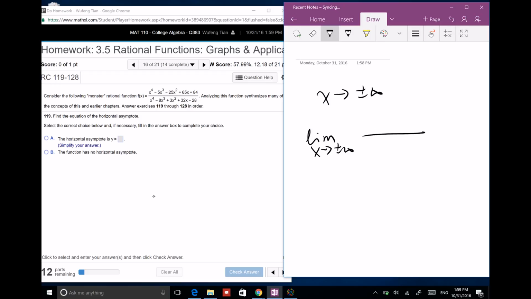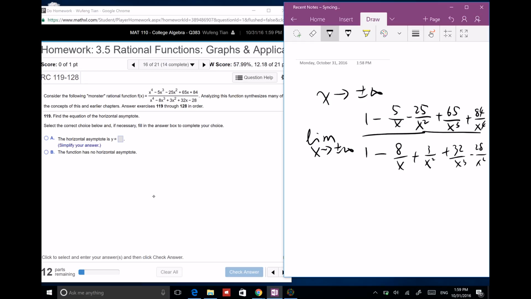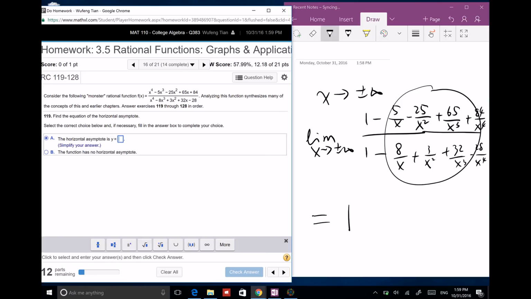It's 1 minus 5 over x minus 25 over x squared plus 65 over x cubed plus 84 over x to the power 4, and 1 minus 8 over x plus 3 over x squared plus 32 over x cubed minus 28 over x to the 4. What happens is when x goes to positive or negative infinity, all of this goes to 0, so it's 1. The horizontal asymptote is y equals 1.